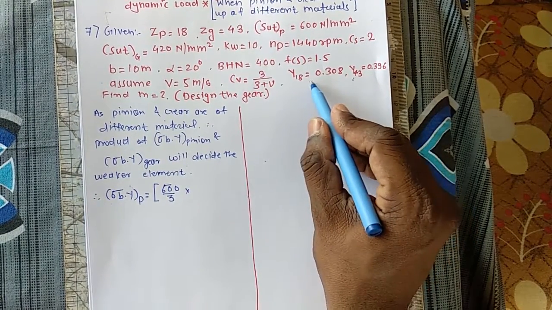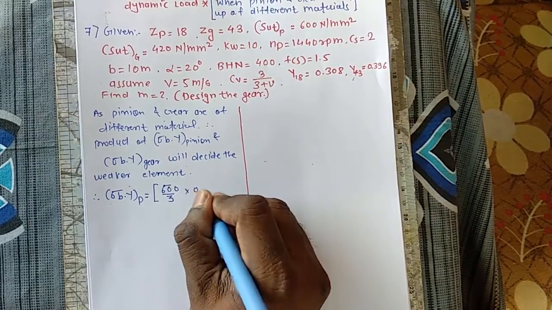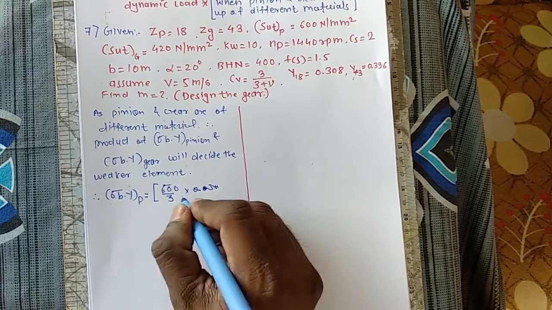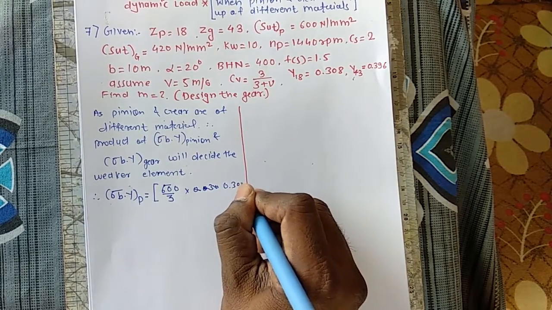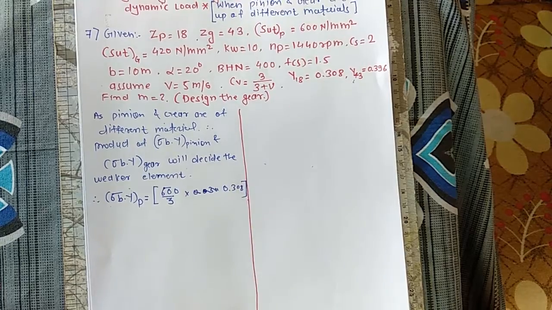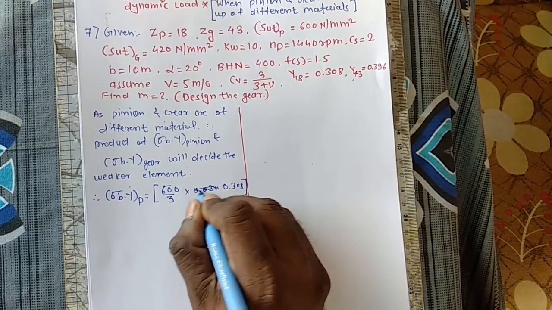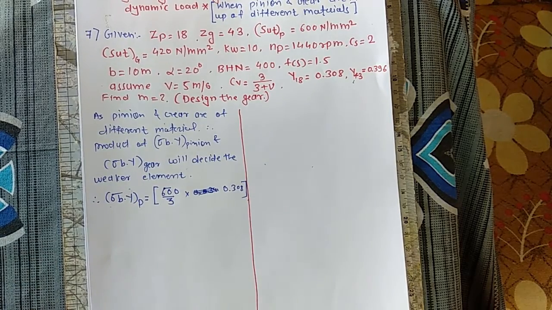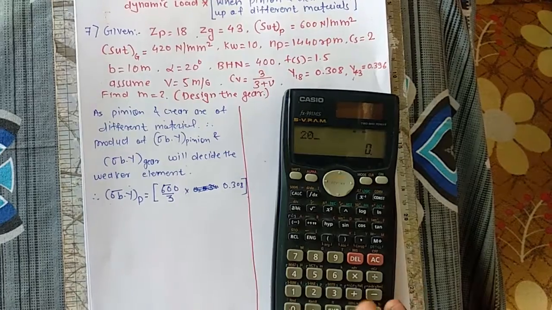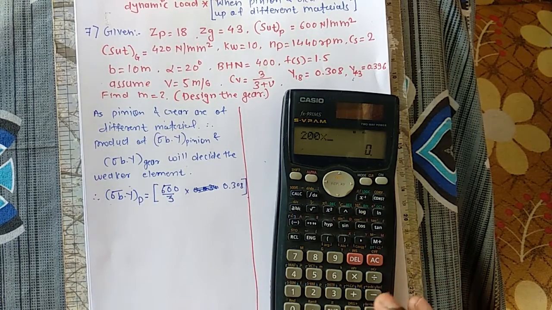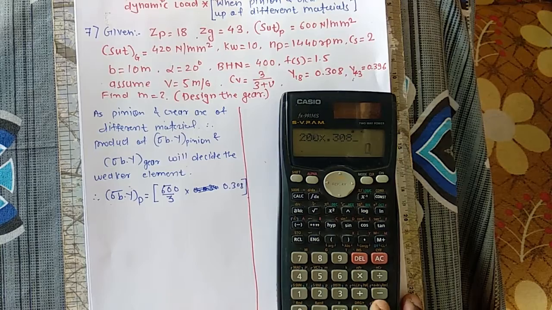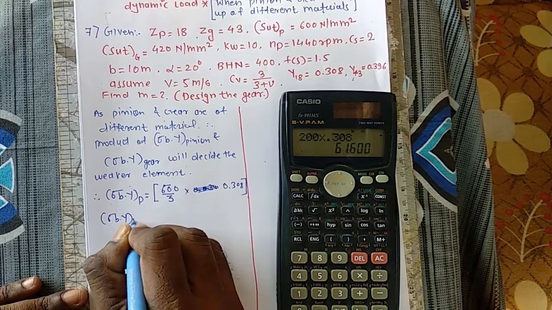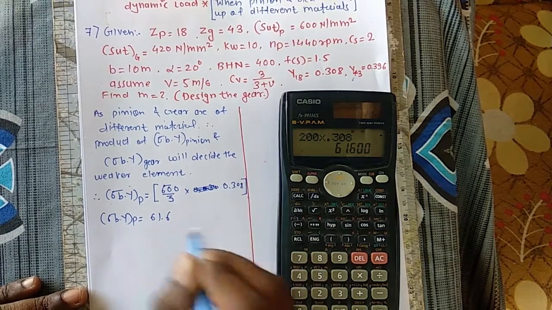Lewis form factor of pinion is 0.308. Now we will do this calculation. It is 600 by 3 into 0.308. So the answer is sigma B into Y for pinion is 61.6.